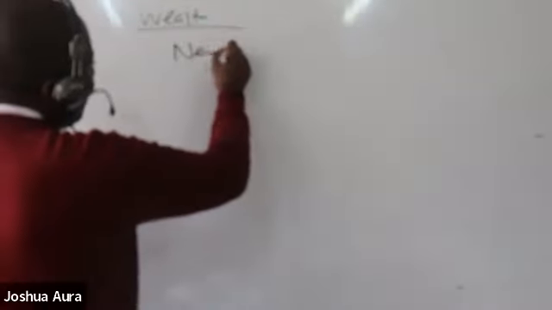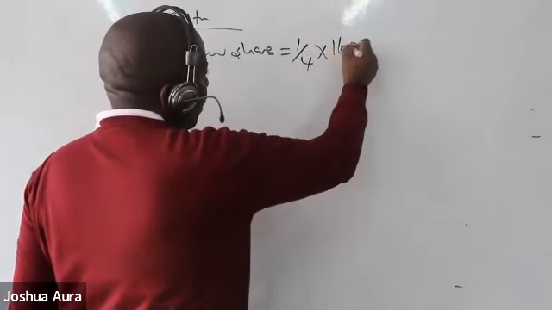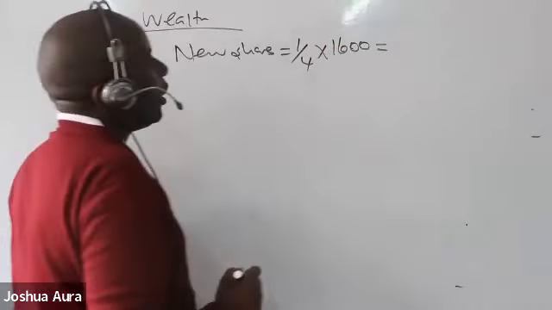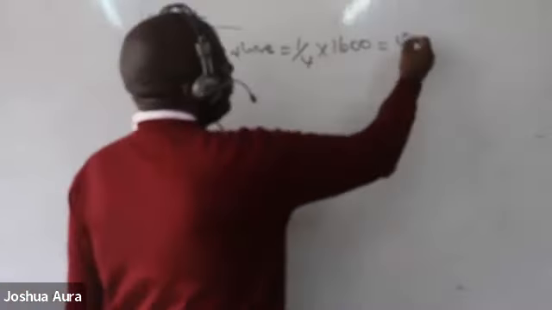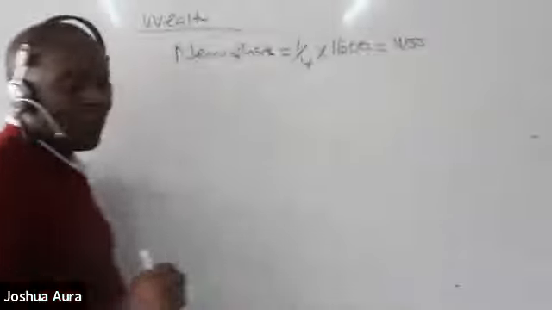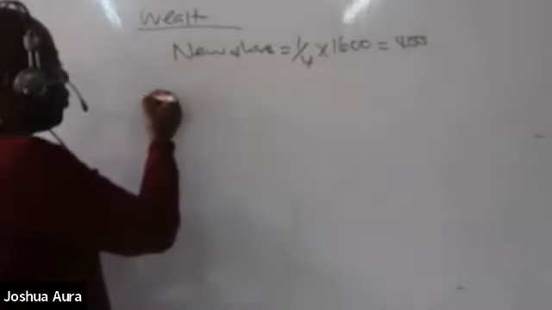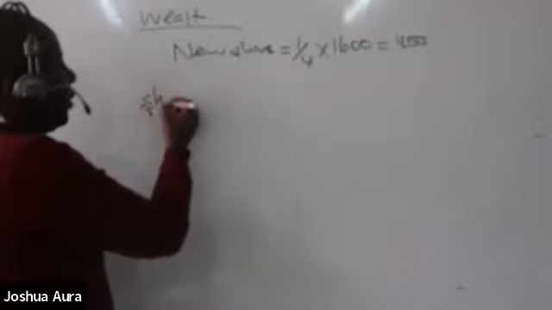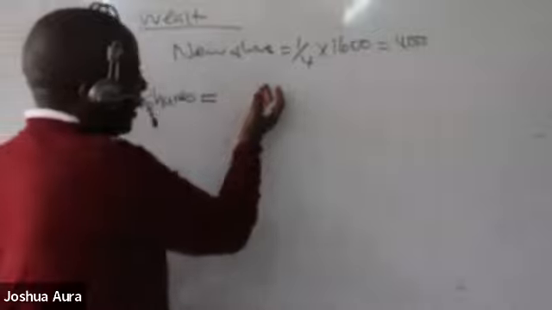So the new shares, first of all, will be a quarter over the ones you have, isn't it? A quarter of 1,600, which will be how many? 400. So then the balance sheet valuation, in this case, the value of shares. How many shares does this guy have here?